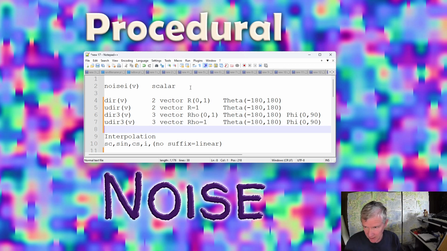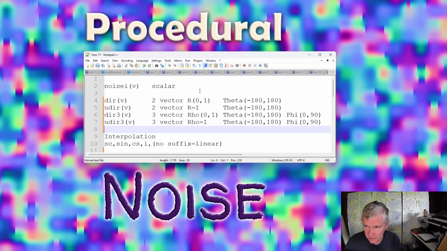And after some effort, I was able to determine that it has a radius that ranges from 0 to 1 with a uniform distribution, and it has an angle that ranges from minus 180 degrees up to plus 180 degrees with a uniform distribution.